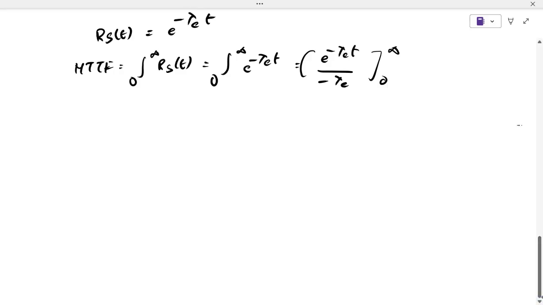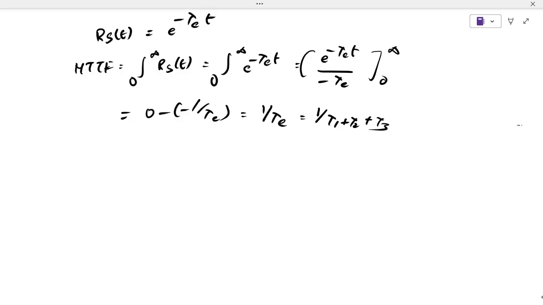So finally what you will get for this is 0 minus of minus 1 by lambda e, that is equal to 1 by lambda 1 plus lambda 2 plus lambda 3. From this you can observe, if n number of components are connected in series, what will be the reliability measure, that is mean time to failure?